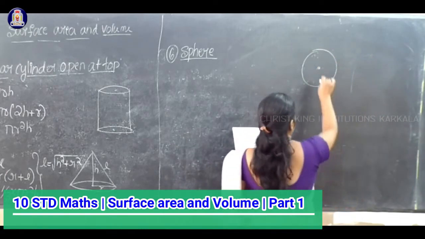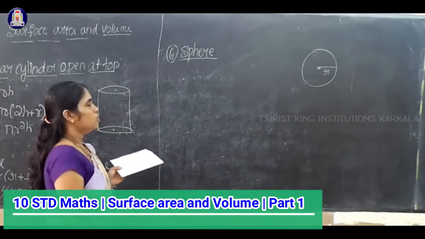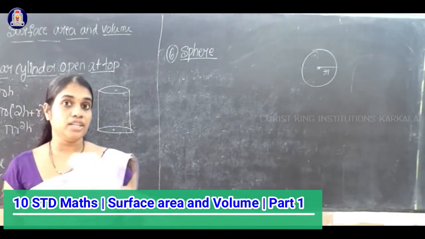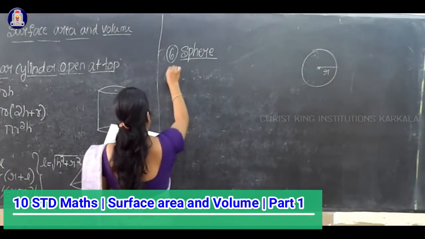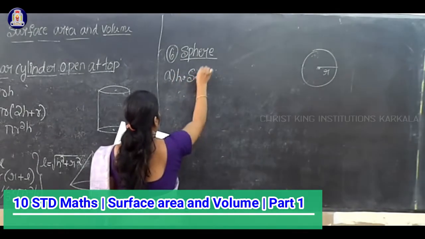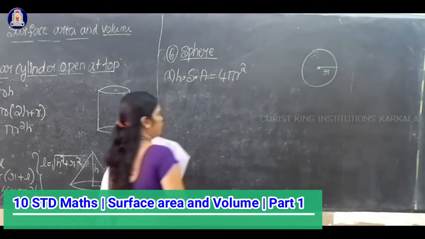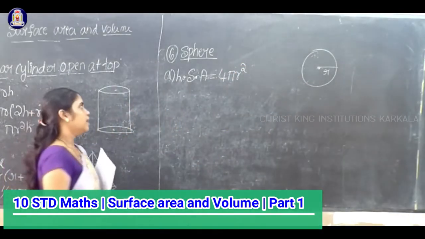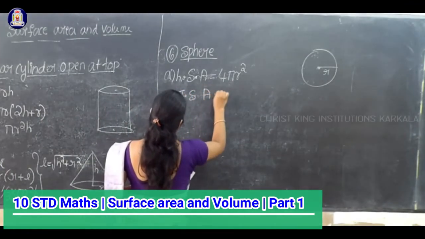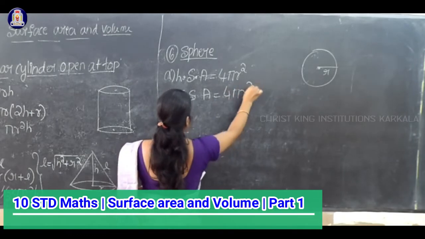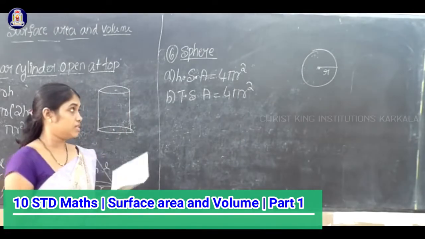See, this is the radius r of the sphere. What formulas will we use to find LSA, TSA as well as the volume? LSA, the lateral surface area, is given by 4 pi r square. Next, TSA is also the same. LSA and TSA are both the same. The LSA value as well as the TSA value are the same in the case of a sphere.